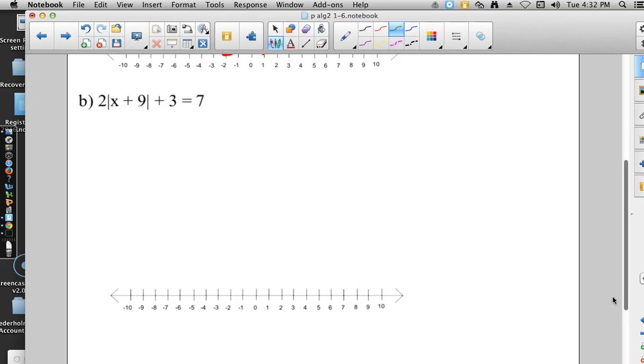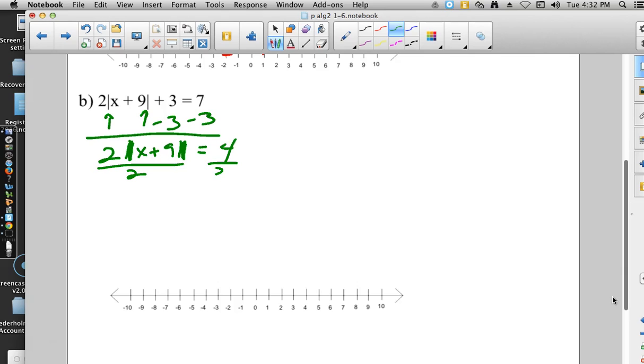All right, step 1 is isolate. That means we have to subtract the 3. We don't have the absolute value bars all by themselves over here. Make those a little thicker, I guess, so they don't look like 1s. And then we have to divide by 2.